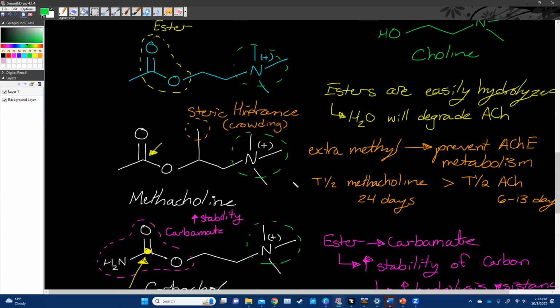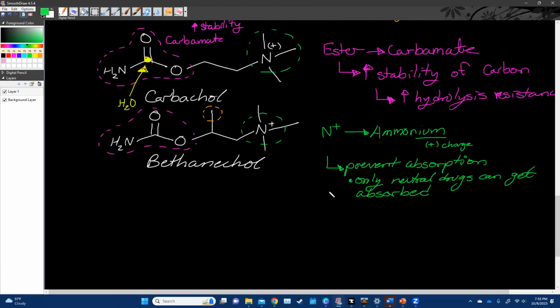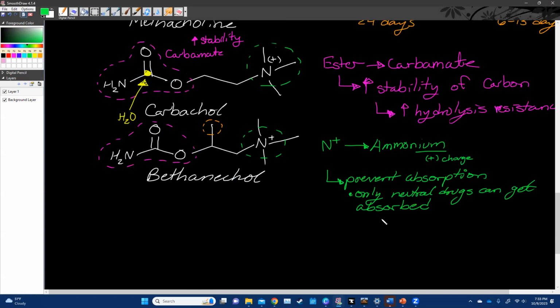So if your structure has N plus in it and you administer it as a drug, you're not going to be able to absorb the drug, which means that we're going to be using it for topical applications. Now, we're not talking about topical like skin, we're talking topical like eye. So you apply it as an eye drop specifically for glaucoma.